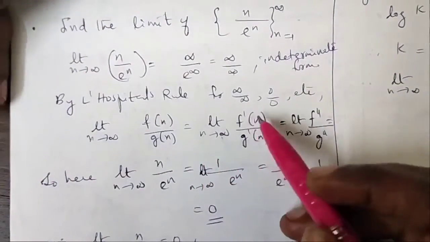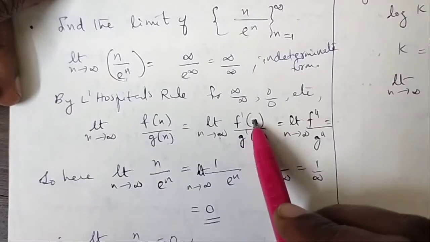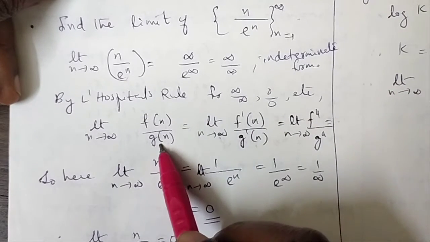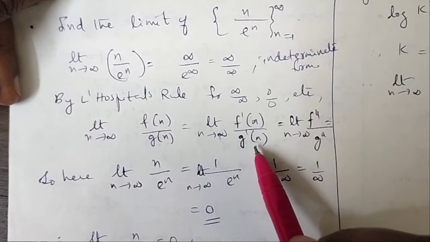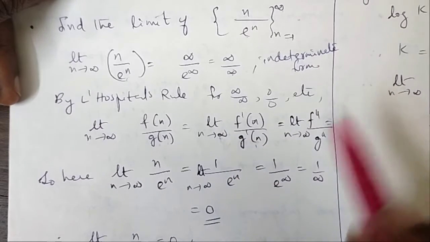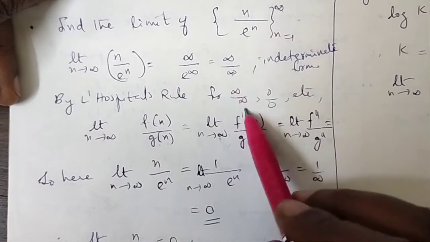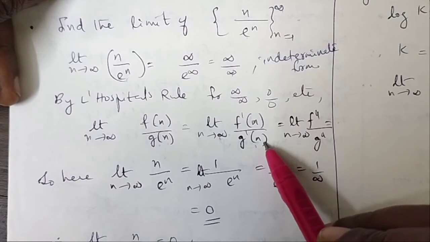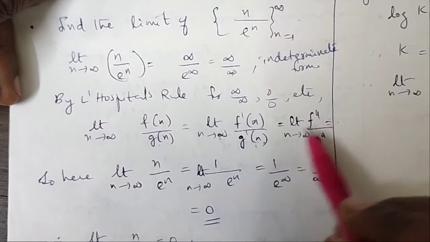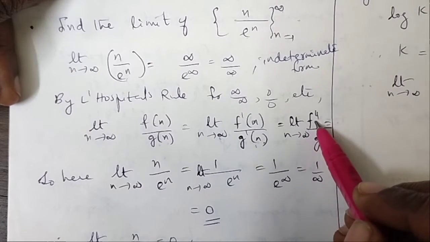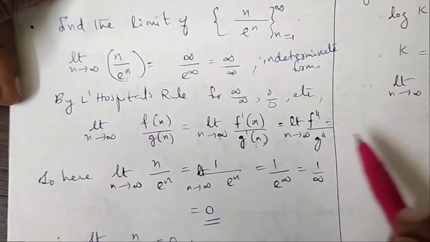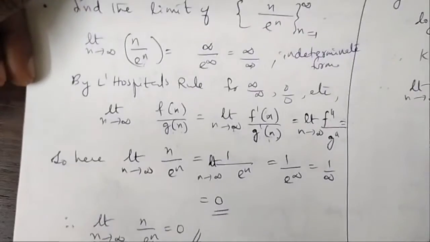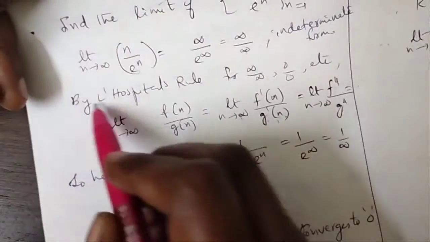Just find the derivative of the numerator and the derivative of the denominator, then apply the limit as n tends to infinity. If it is finite, then it is the limit value. If it is again infinity by infinity or 0 by 0, we can apply the rule again. That is, again find the derivative of the numerator, f double dash, and the derivative of the denominator, g double dash, and so on until you get a finite number. So that is L'Hospital's rule.